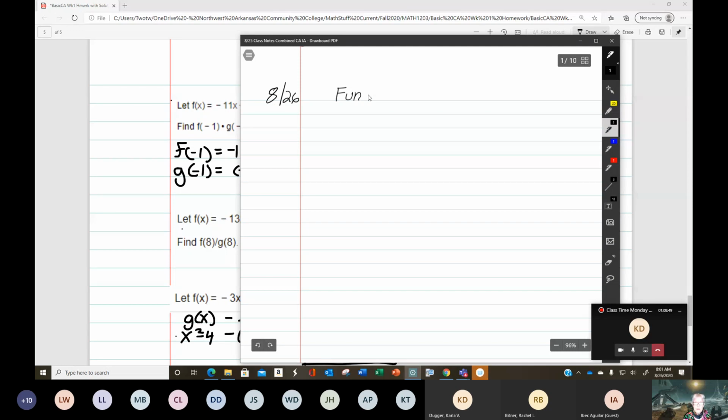Functions have their own arithmetic, but you know what? You've already studied it and nobody told you what you were doing. So it's not new.